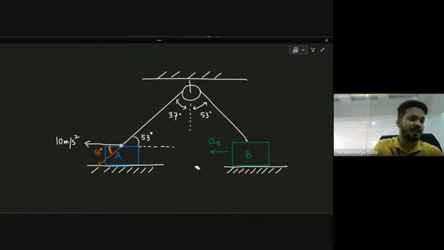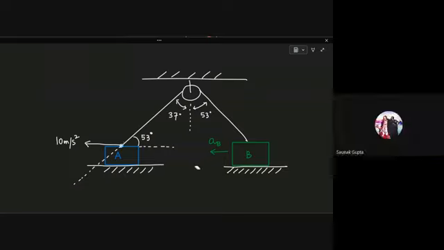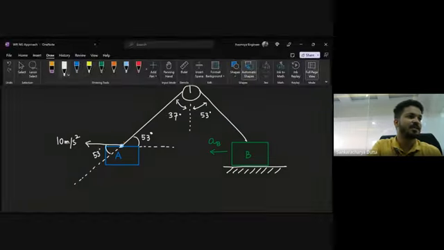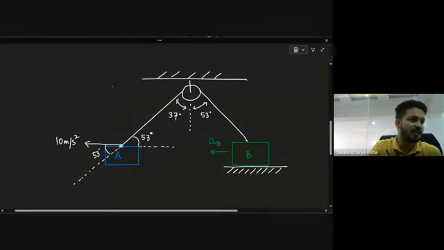10 meter per second square is running horizontally. It is not along the string. This is the direction of the string. Are you with me till here? Yes, sir. So along the direction of the string, if this angle is 53 degrees, what is the component of this particular acceleration along the string?